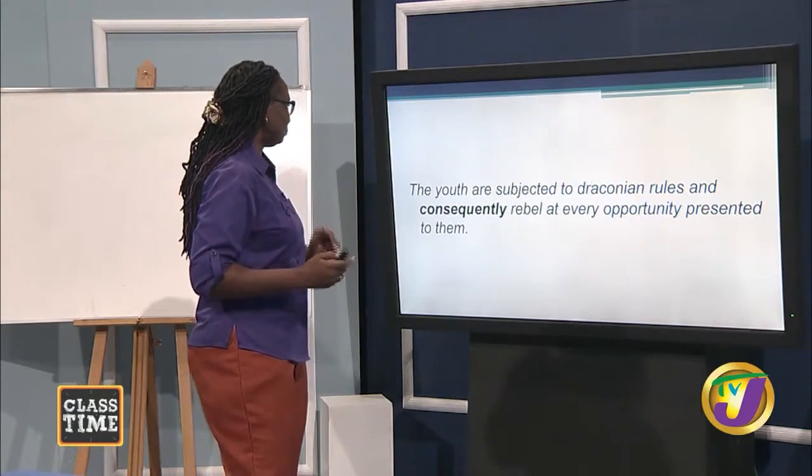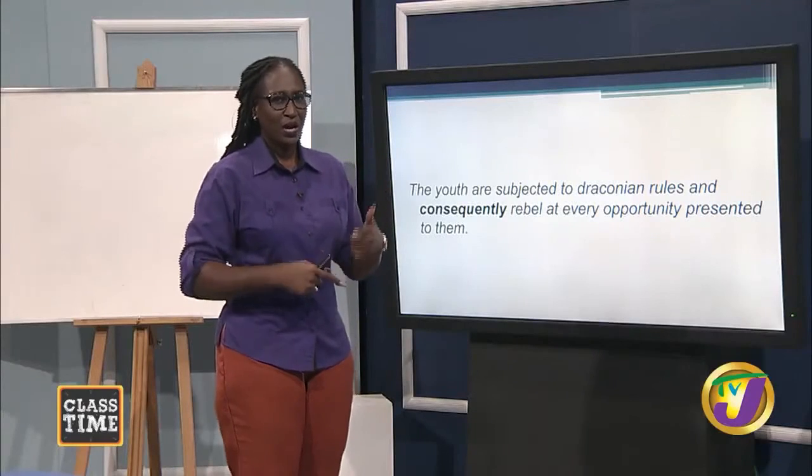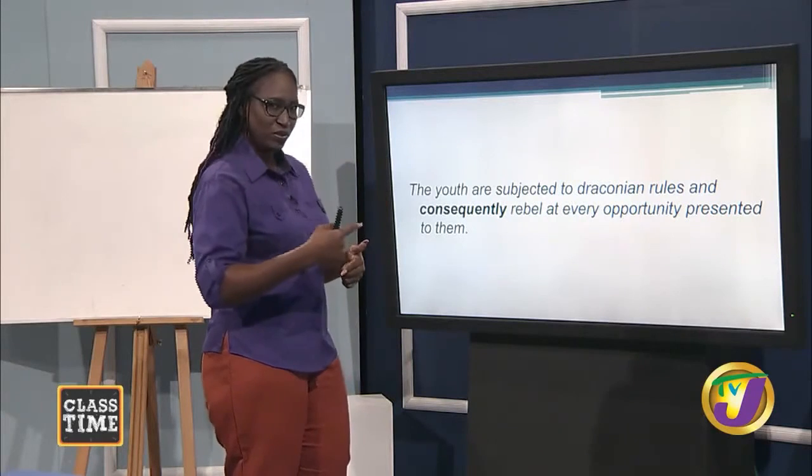All right, look at this one. The youth are subjective to draconian rules and consequently rebel at every opportunity presented to them. Consequently. Consequently, related to consequences. What is the meaning being conveyed there? How is this word being used? What is the idea that it is trying to connect? The youth are subject to draconian rules.